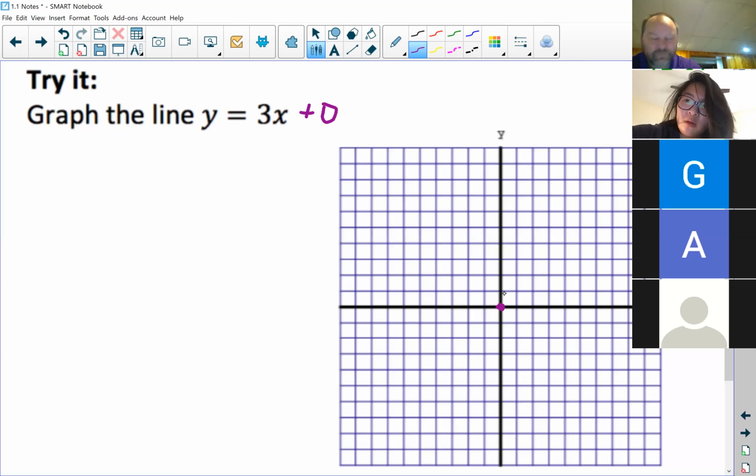3 over 1. So I'm going to go up 3, right 1, up 3, right 1, up 3, right 1.